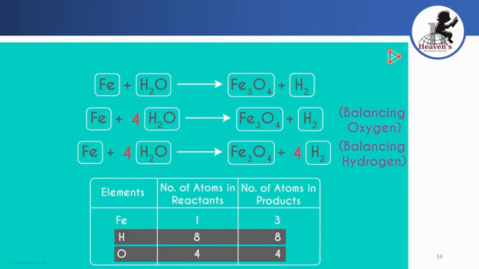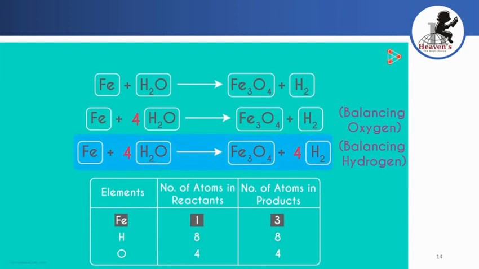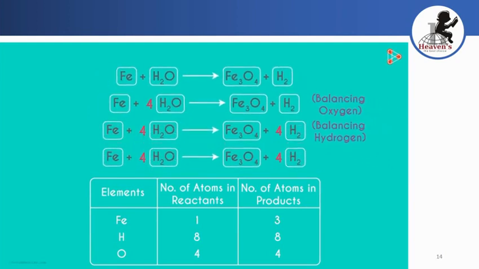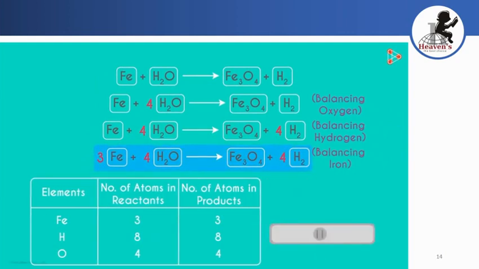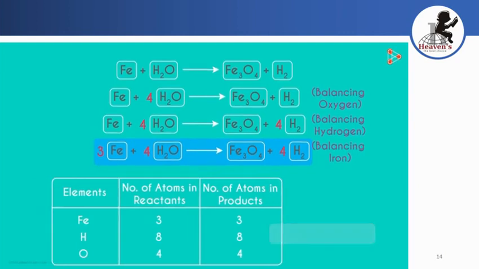So from this equation, oxygens and hydrogens are balanced. Now we have to balance the number of iron atoms. By keeping 3 in front of iron, we get the completely balanced equation: 3Fe plus 4H2O gives rise to Fe3O4 plus 4H2.